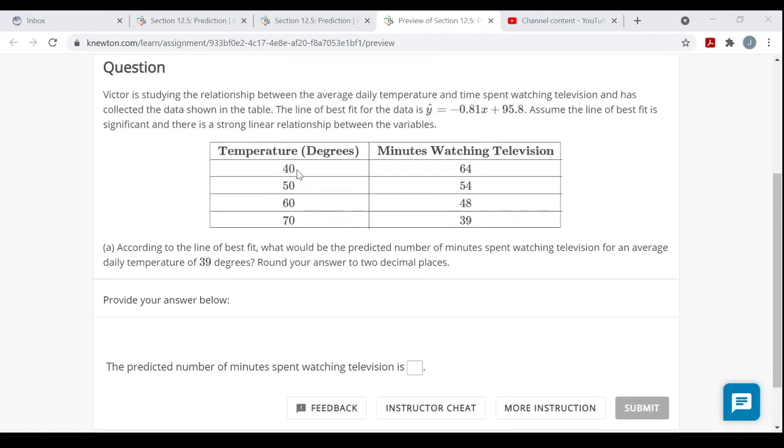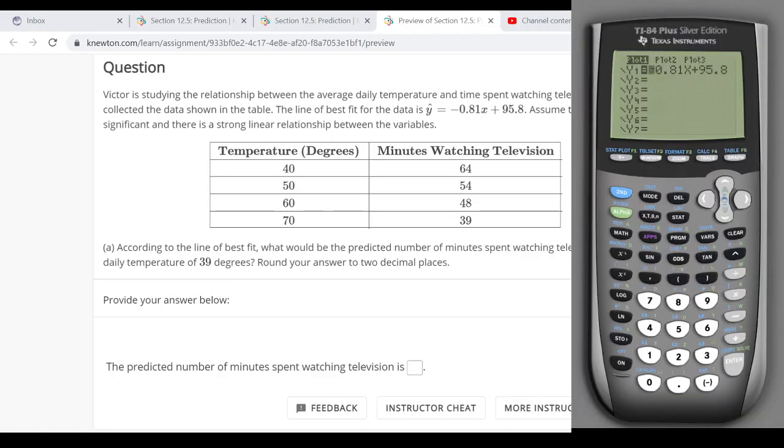Now notice the range of temperatures here is from 40 to 70. 39 is not in that range. So what we're doing here is called extrapolation. Now I can go to my calculator. I'll pull this back up. All right, we can go to the main screen and just replace x here with this average daily temperature.